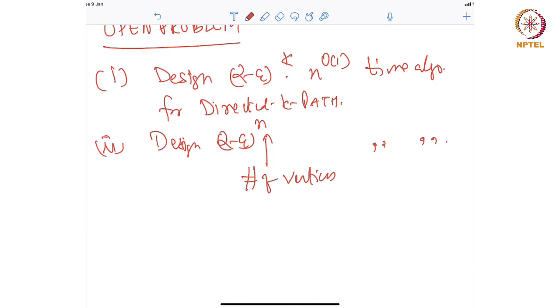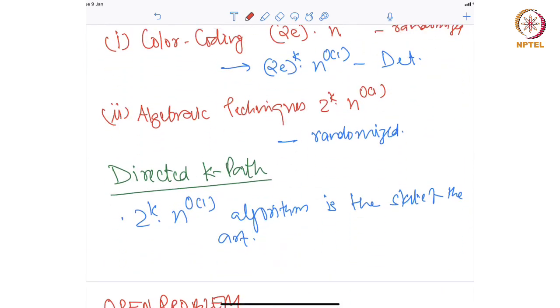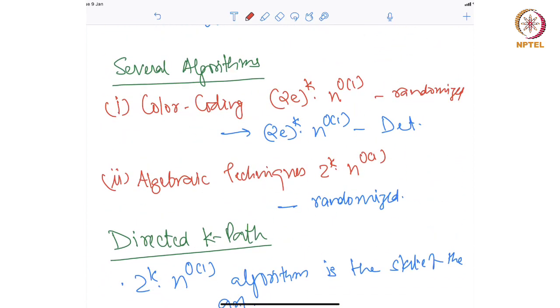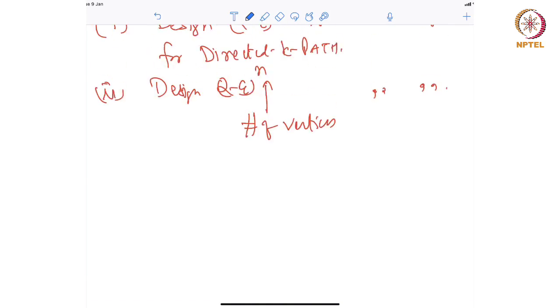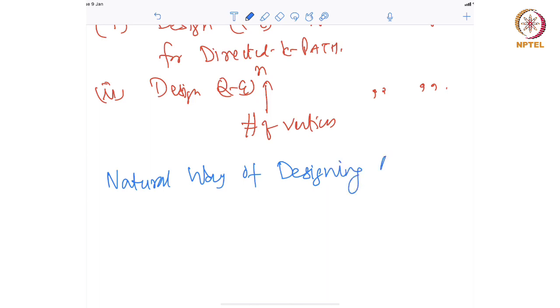Given that these are big open problems in the area, I just wanted to mention them, but today we will not be talking about an algorithm which is any better than the 2 to the power k algorithm, but rather a different algorithm. We are going to talk about a bit more natural way, in my view, of designing an algorithm.